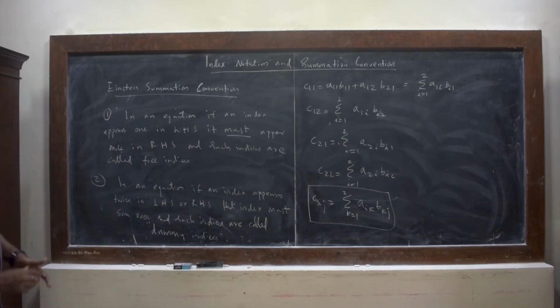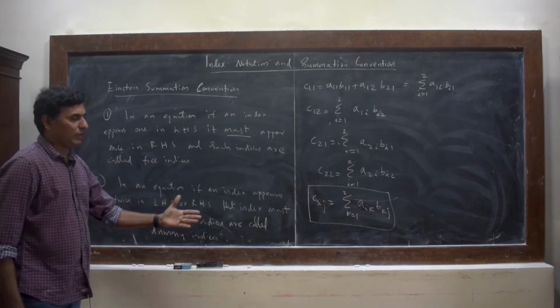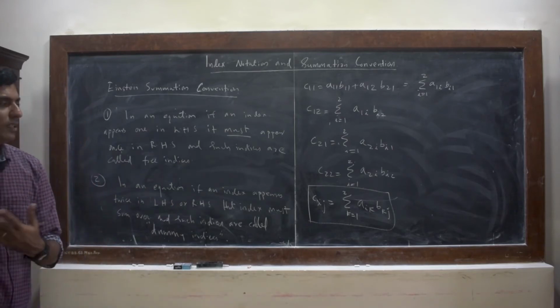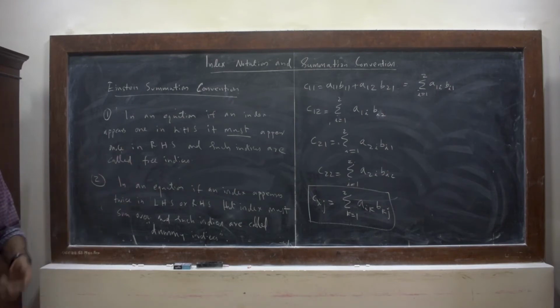So it says that in an equation, whether in RHS or LHS, if an index appears twice, then such indices have to be summed over, and such indices are called dummy indices.